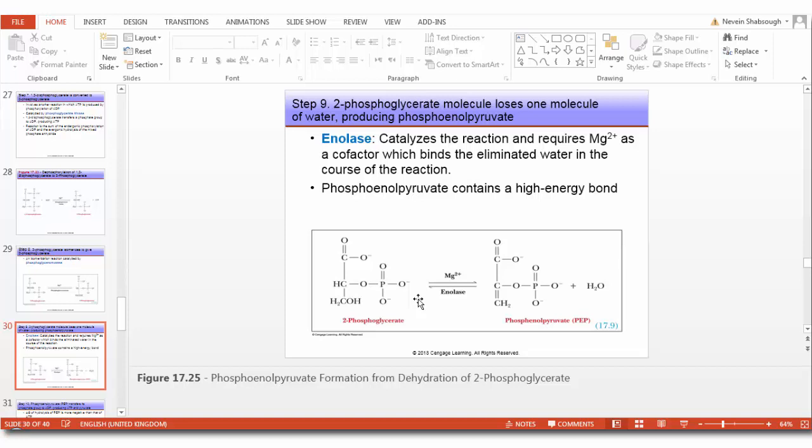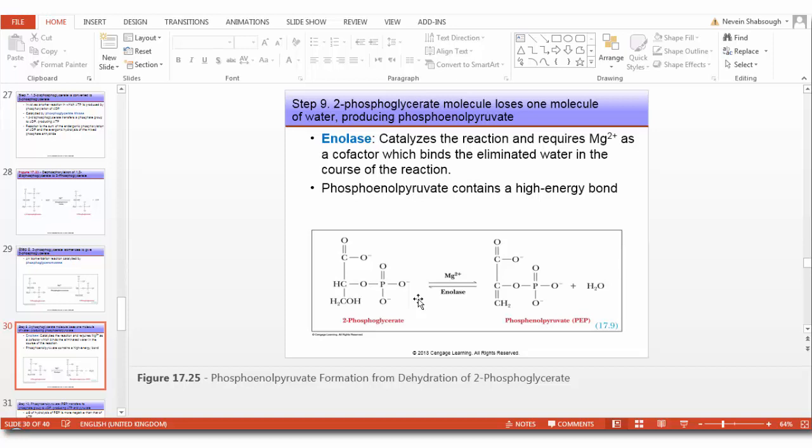Actually, the water molecule that is eliminated in this reaction binds to Mg2+ during the course of the reaction. Again, this compound, phosphoenolpyruvate, has a high energy phosphate bond, an energy rich phosphate compound.